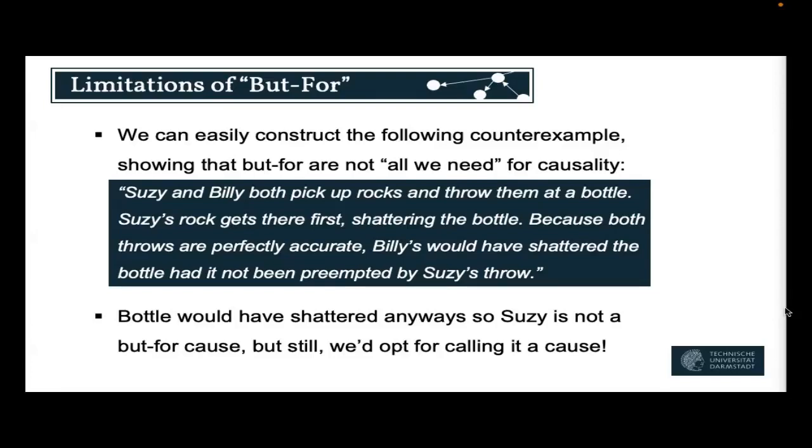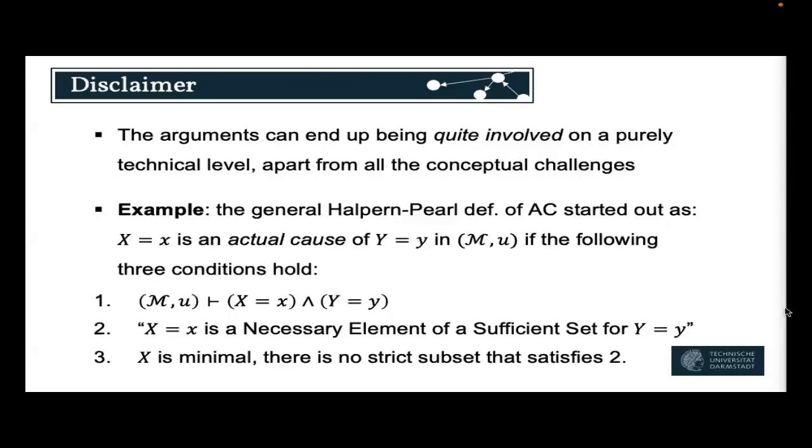And so how did Halpern and collaborators and Sander Beckers and all these people who work in this area go about it? Well, they defined what they then termed actual causation, right? And one of the definitions, this is the general one, one of the first definitions, later extended by the likes of Beckers, looks like this.